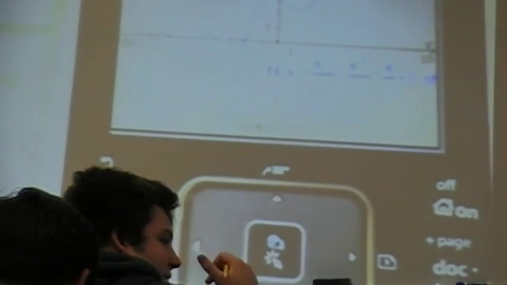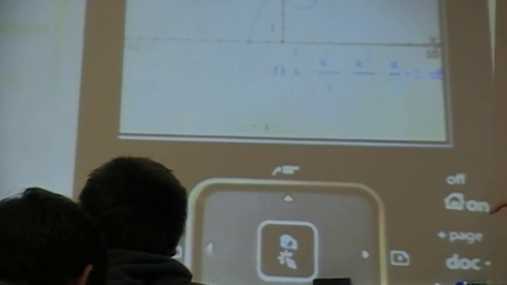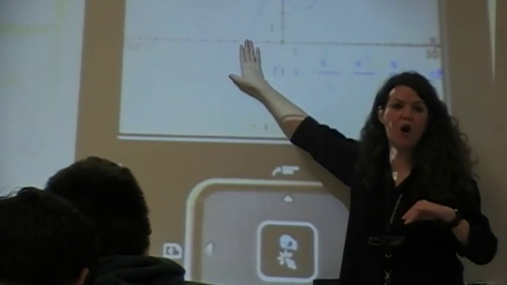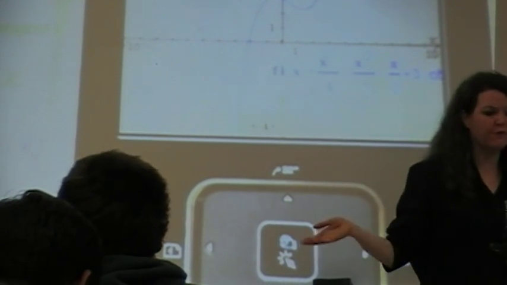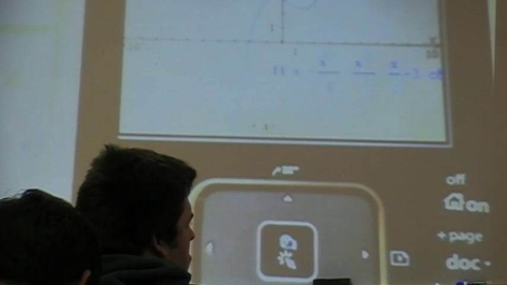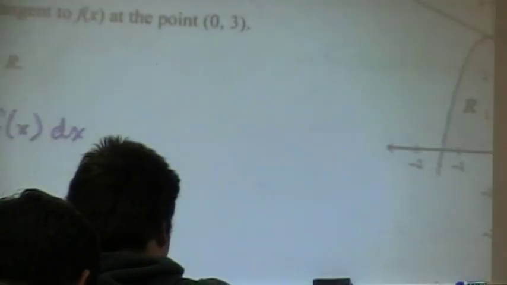Okay, so this is about the key. Negative 1.37. Okay, so this is what I'm looking for, because remember, it's the area under the curve. In this case, R, does R have anything to do with any other function? No. Look at what they've got shaded.